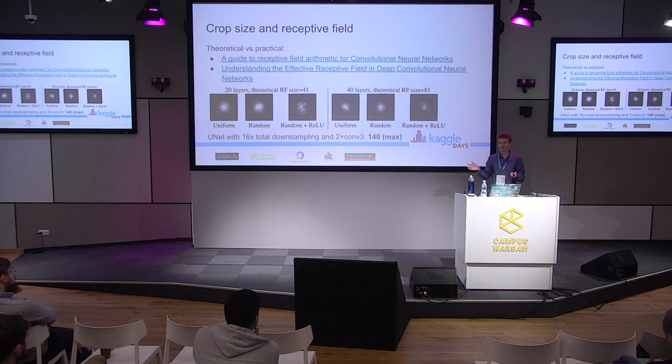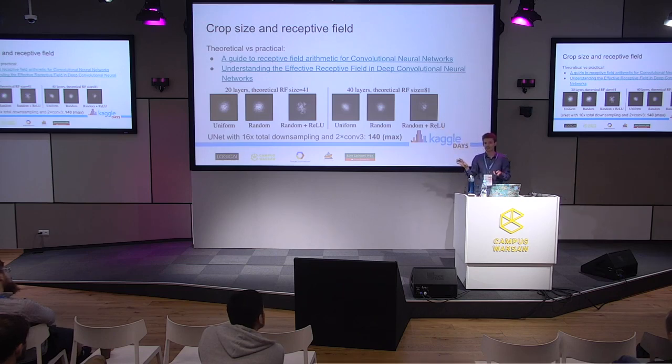Often there is not much point in using a crop size during training which is much larger than that. But even this is only the theoretical receptive field. In practice, the effective receptive field which the network has is smaller. These are images from a paper which tries to analyze this: the black rectangle is the theoretical receptive field, and the white thing in the center is the actual receptive field which you observe in practice. So what does it mean?